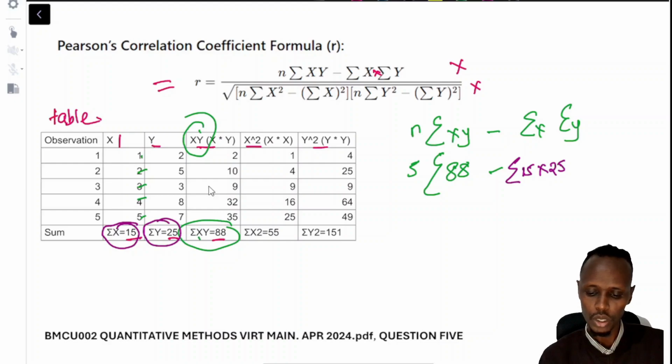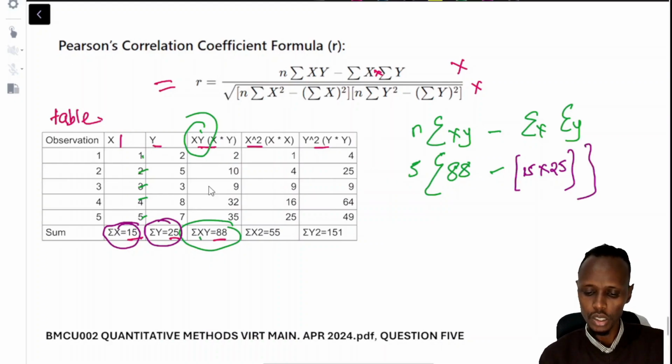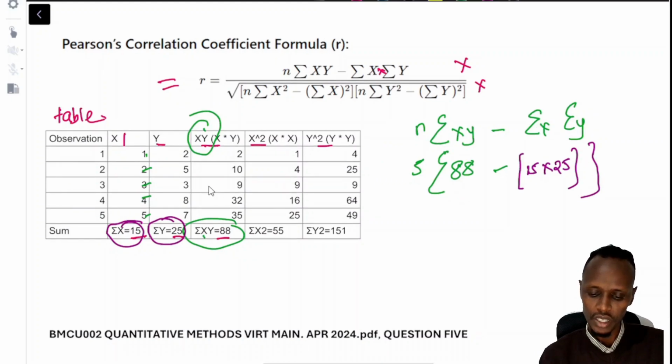Let us put this into brackets and close the bracket. So let us calculate the top part: 5 times 88 minus 15 times 25.